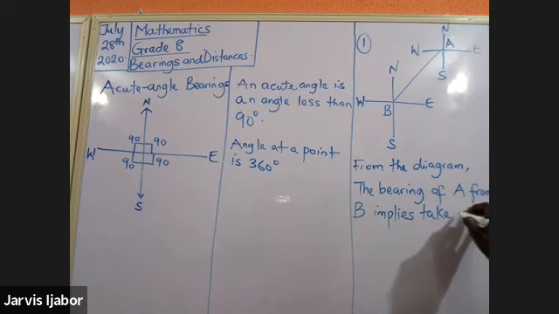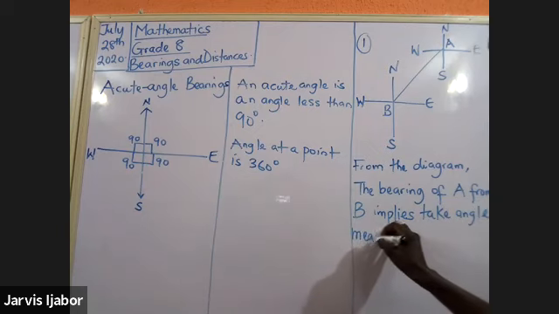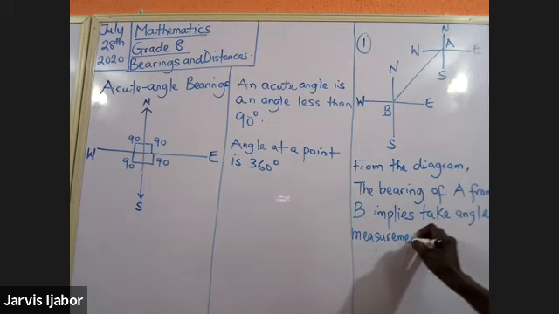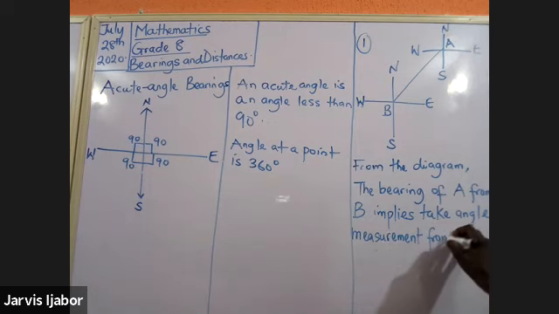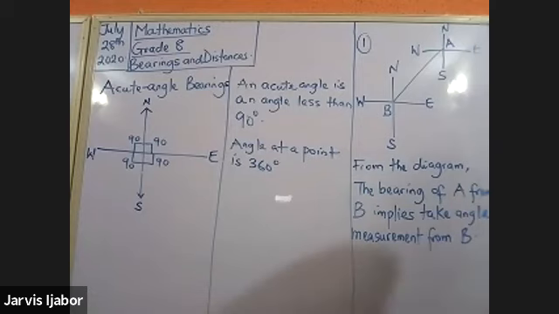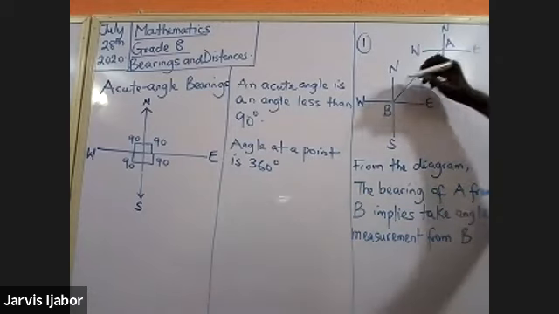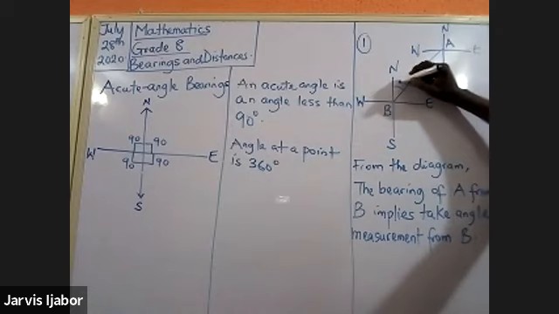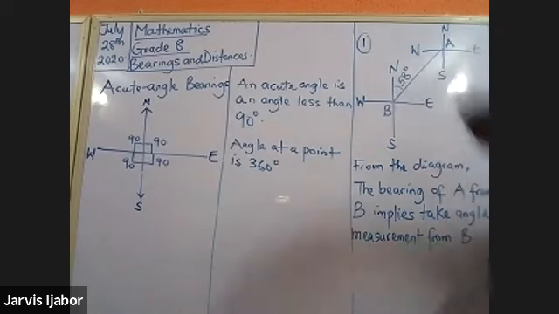Take angle measurement from B. That's what it means. It is the bearing of A from B. It means this is your angle measurement from B. And you are told that this angle you are given here is 58 degrees. So that's what you have in your diagram.